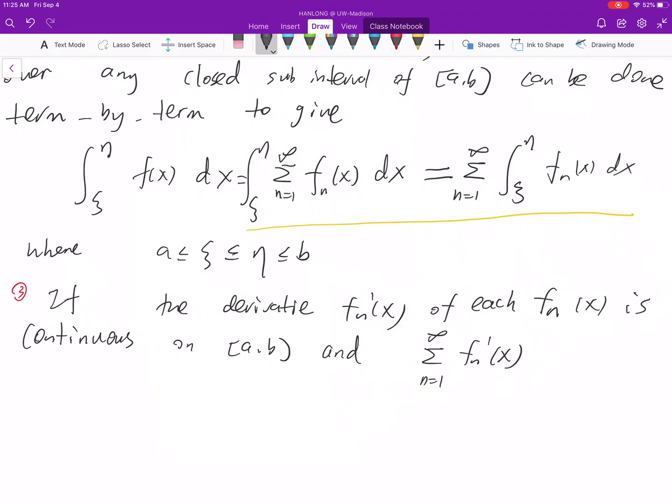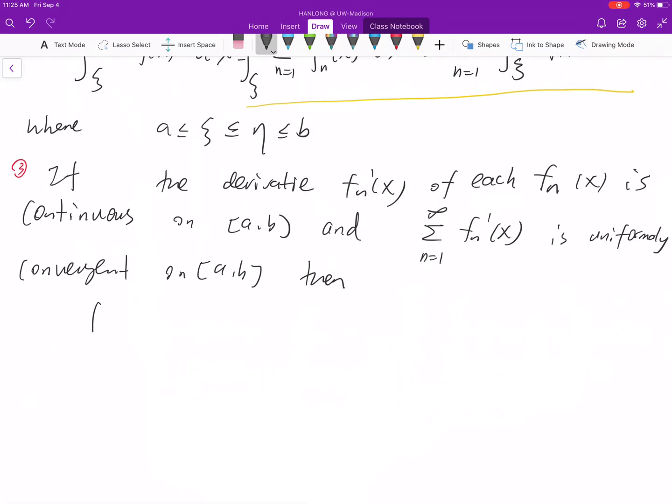the series of the derivative is uniformly convergent on [a,b], then f prime(x), which by definition is here, recall that this is a real derivative, okay, because f is a function of a real variable x only.